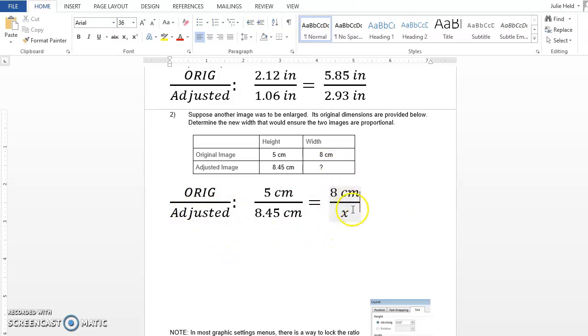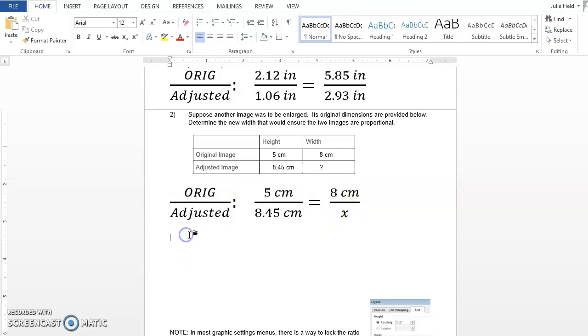So I need to find the new width. There's a few ways we could try to do this. We could see how many times bigger is 8, not how many more. I can't just say 5 plus 3, because remember, adding the same amount to both parts of a ratio doesn't maintain proportionality. But if I multiply, it does.